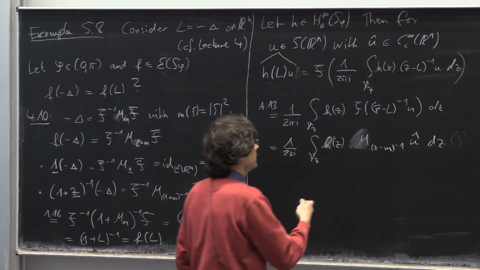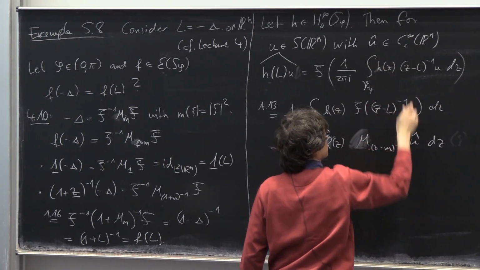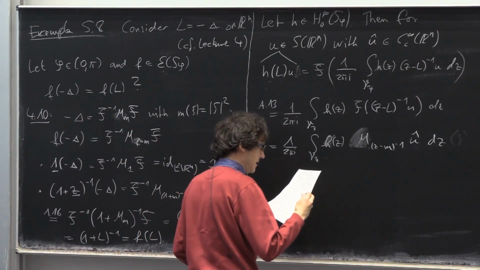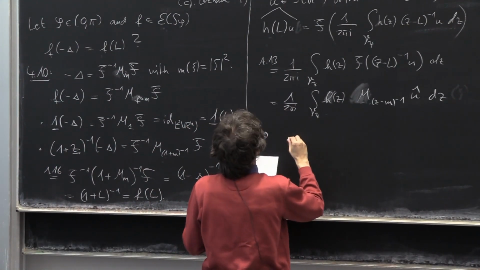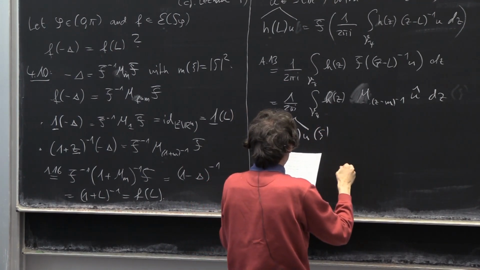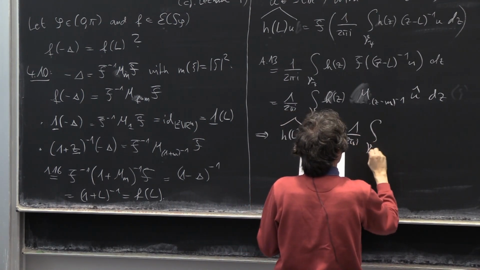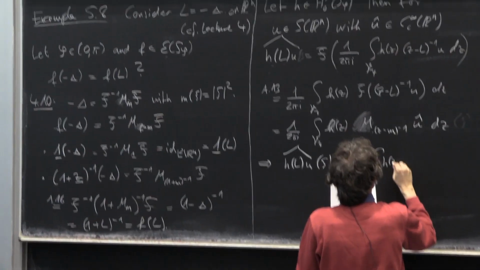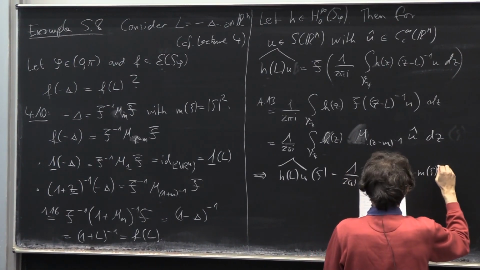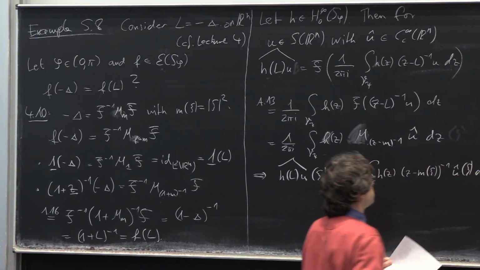And this is possible here, because this is a continuous function, and since the support of u hat is compact, you have a continuous function on a compact set. So you can pull in the xi the same way as last week, and this gives you that the Fourier transform of h of L u at xi is the same as 1 over 2 pi i, integral over gamma psi, h of z, and now putting the xi inside, (z minus m of xi)^(-1) u hat of xi dz.